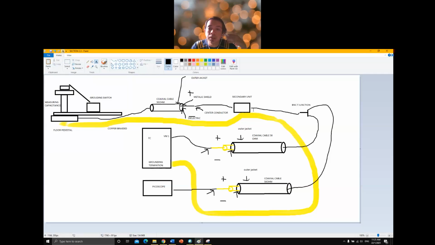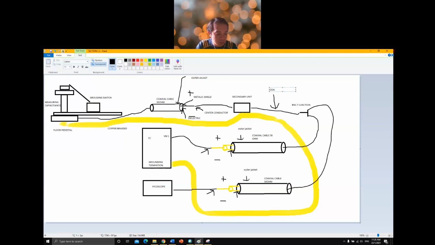After that, the secondary unit is connected with a BNC T junction to connect to the FC and picoscope. This also uses a 50 ohm coaxial cable.